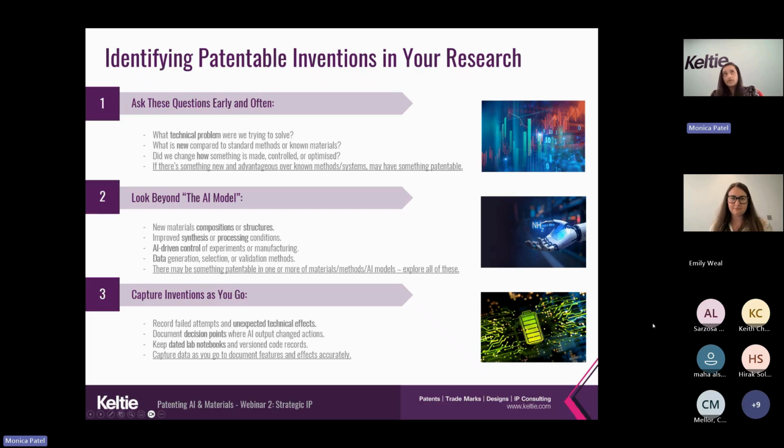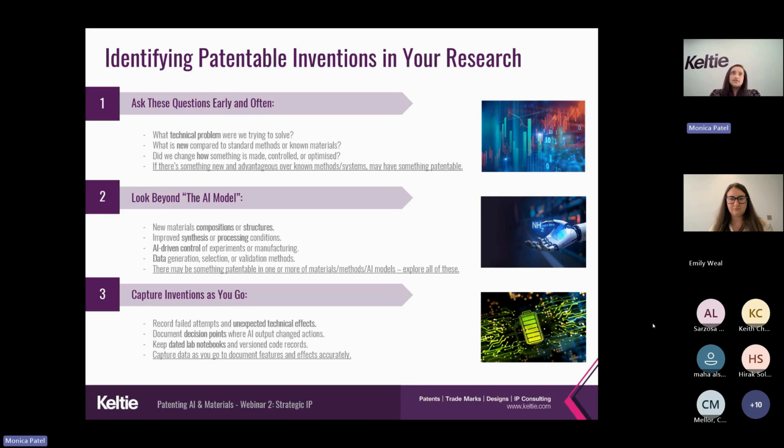But moving on to the first topic of the second webinar. We've got about 6 key points on certain things you can do as you're going along in your work and your research in order to try to identify patentable inventions. And so the first one is key questions that you can ask early and often as you're going through.